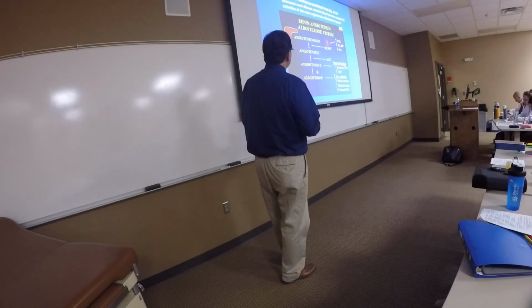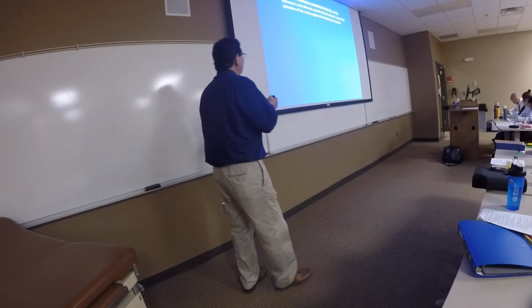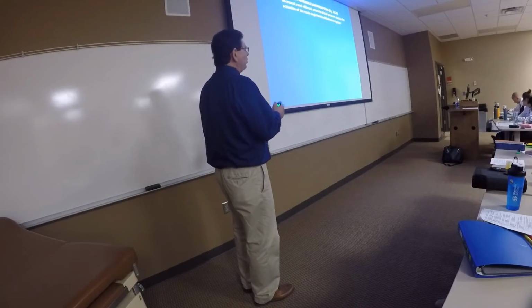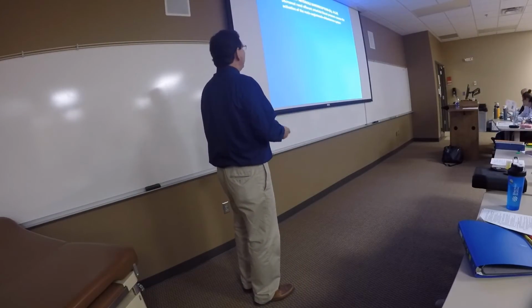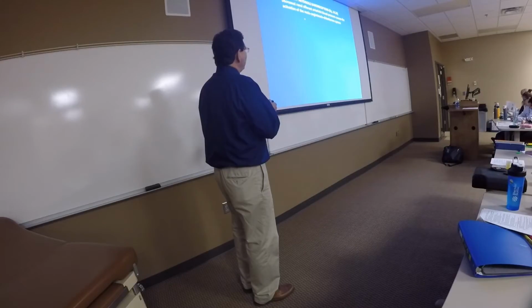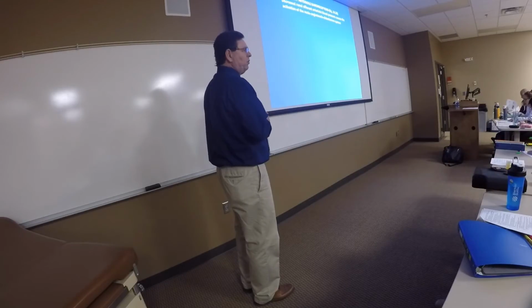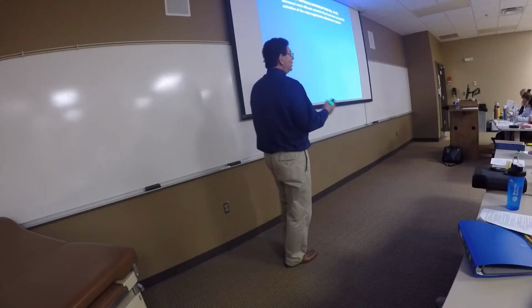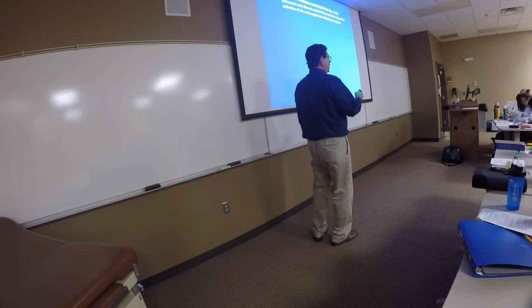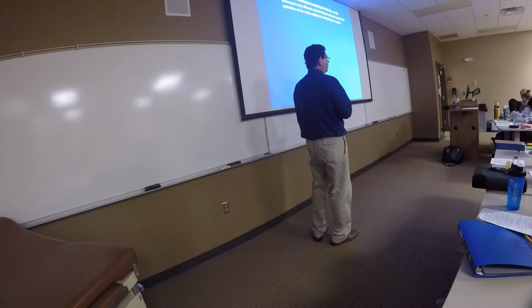But when the blood pressure in the afferent arteriole drops, that turns on what's called the renin-angiotensin-aldosterone system. This is really an emergency system for releasing angiotensin II and aldosterone.